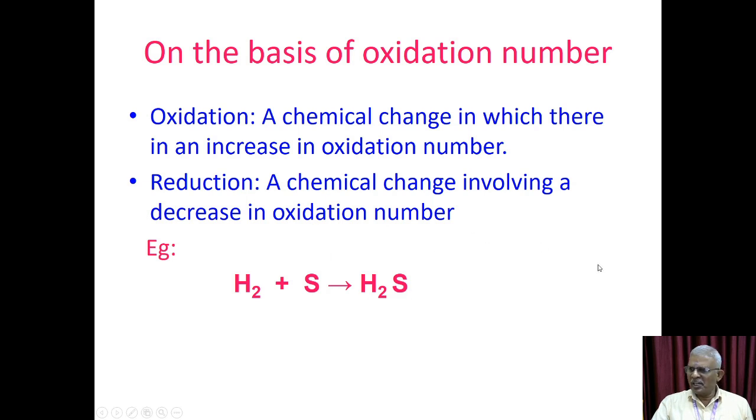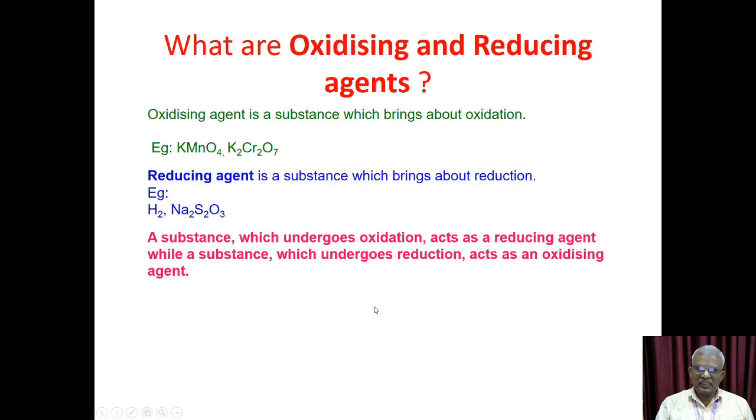So it is a neutral compound, as the charges are the same. So your hydrogen gets oxidized, whereas your sulfur gets reduced. This is an example of oxidation and reduction. We can explain oxidation and reduction on the basis of oxidation number.